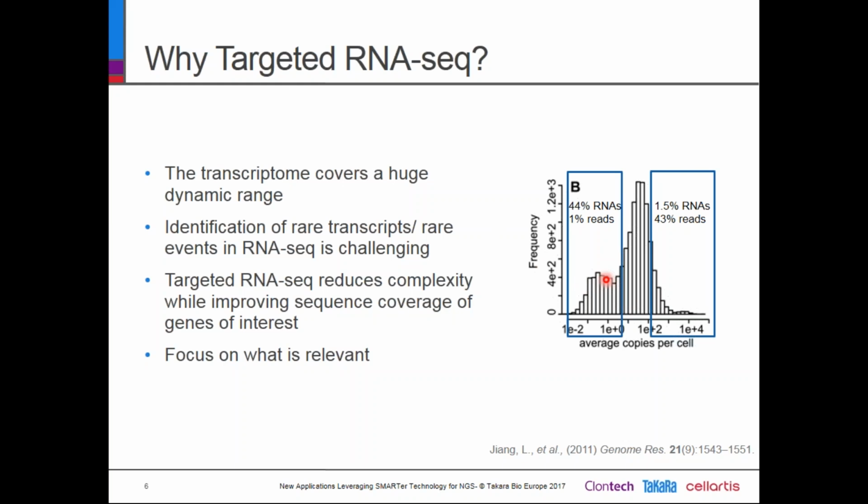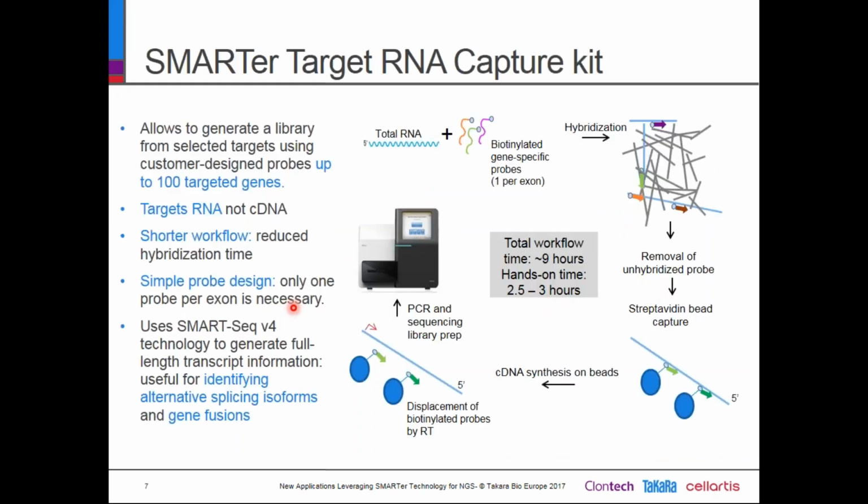So in those cases, it's very useful to do targeted RNA-seq to reduce the complexity of the sequencing and improve the coverage of the genes of interest, and also get the information that is relevant, that is interesting to you. For that, our solution is the SMARTer Targeted RNA Capture Kit.